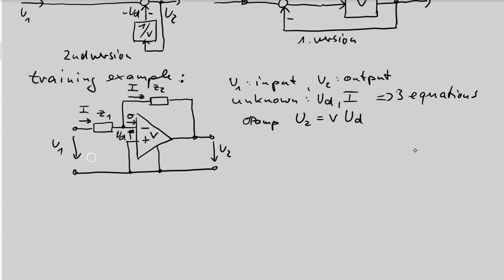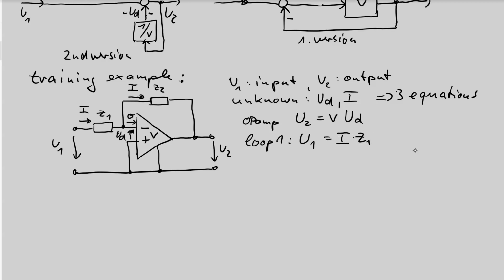The second equation could be this voltage input loop, loop 1. U1 is I times Z1. I times Z1 could also be complex values, no problem, to have AC behavior with complex numbers.